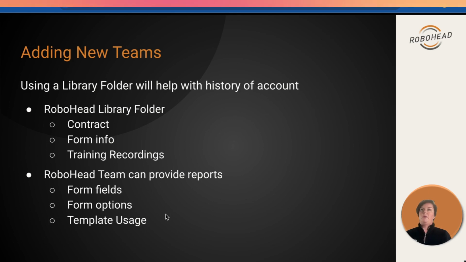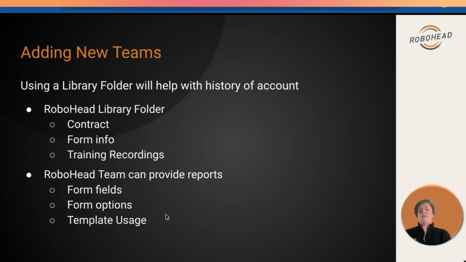We can also help assist. We have a report that just shows how many times templates have been used since the creation of your account. So some of those items we can help with. We can also give you some ideas or things to consider when you are looking at how to combine or add another team into your existing RoboHead account.